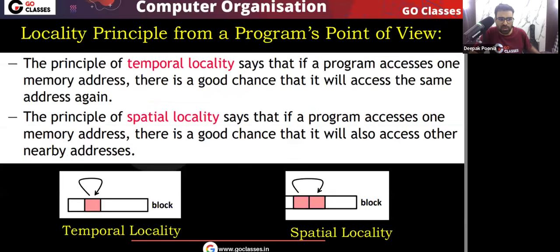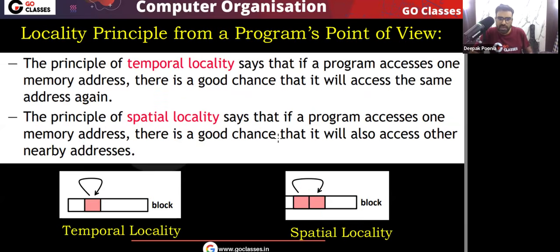The definition of spatial locality is very simple. The spatial locality property says that if a program accesses a memory location, then it is likely, or there is a good chance, that in the near future, very soon, the program will access the nearby addresses. So this is the definition of spatial locality.